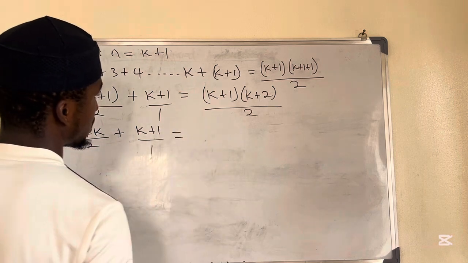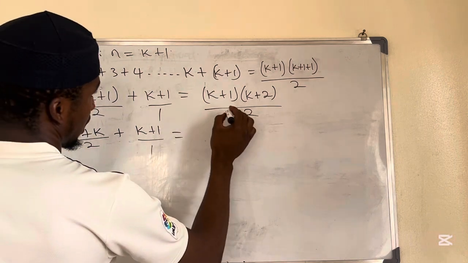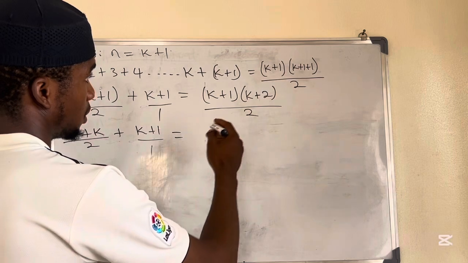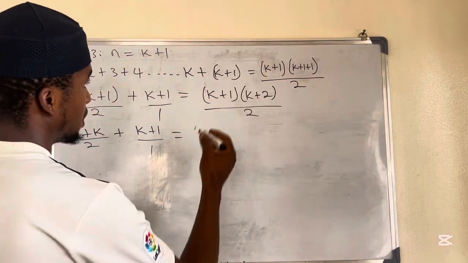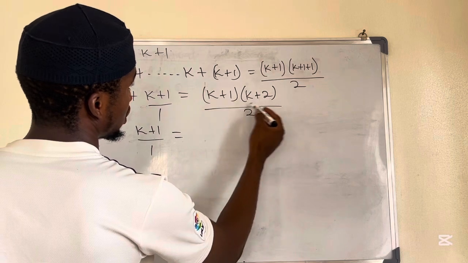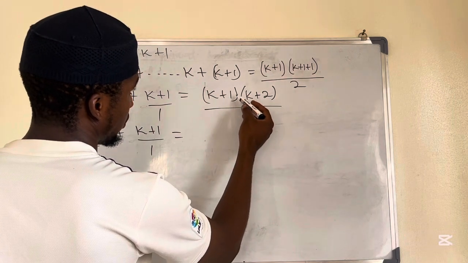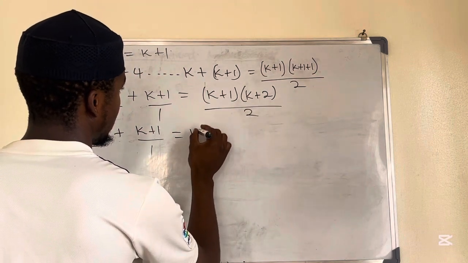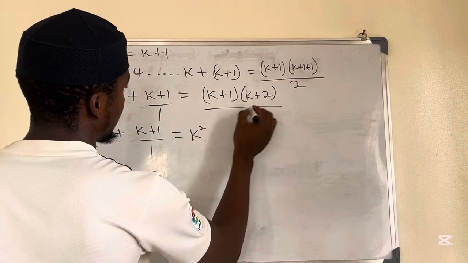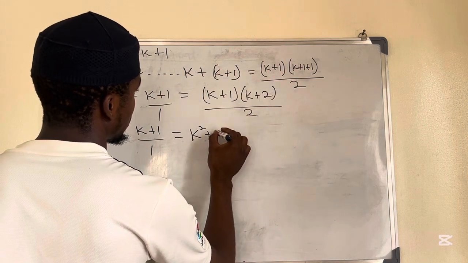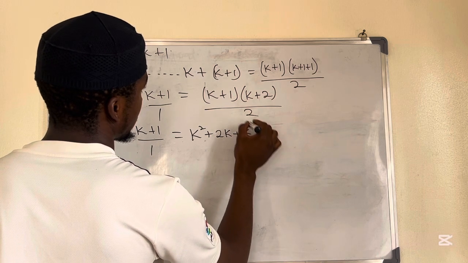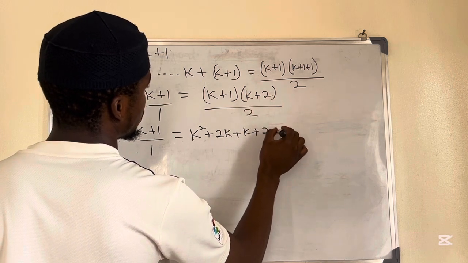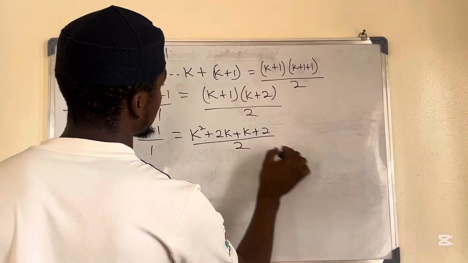We can expand this bracket: k multiplied by k is k squared, k multiplied by 2 is plus 2k, 1 multiplied by k is plus k, 1 multiplied by 2 is plus 2, all over 2.